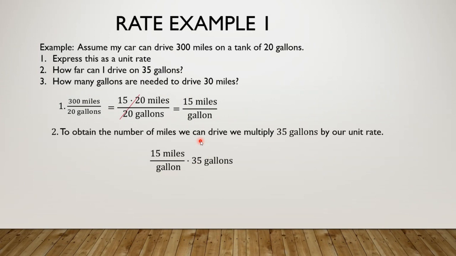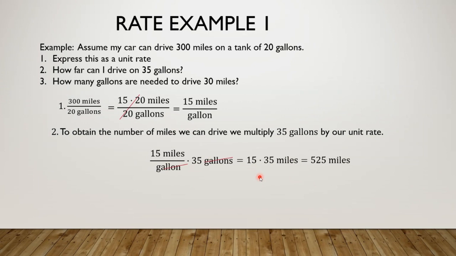And what we're left with is 15 miles times 35. It's just like when we worked with unit conversions. We multiply. In this case, the unit rate is our unit conversion. The unit gallon is gone, and we get 525 miles.